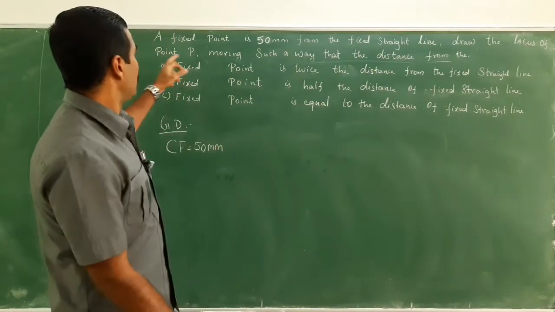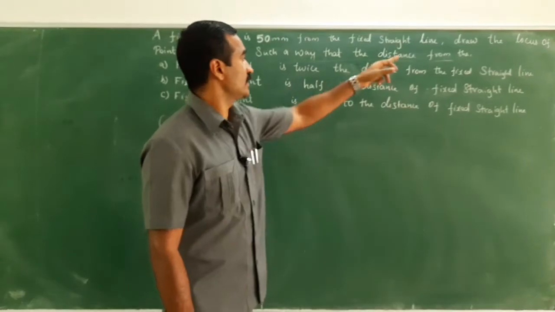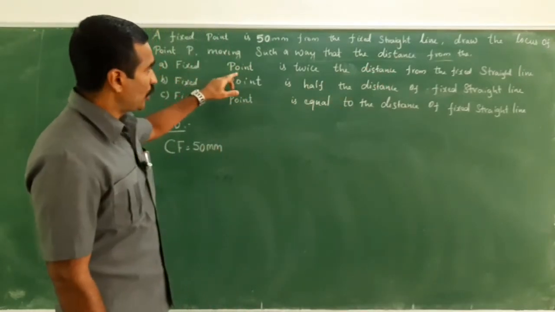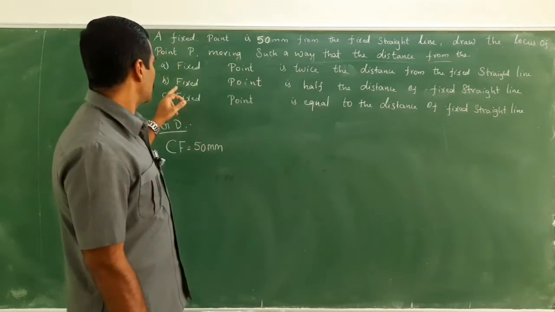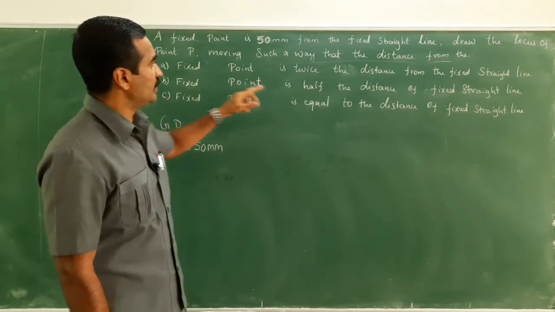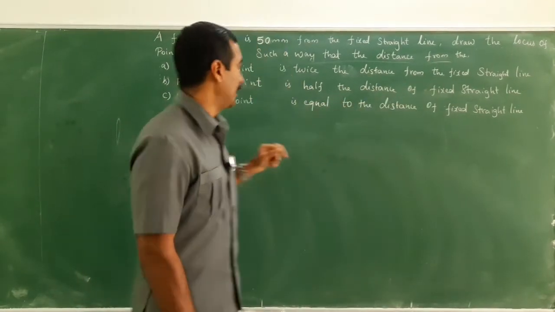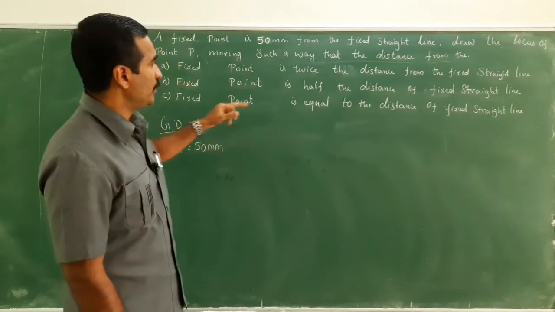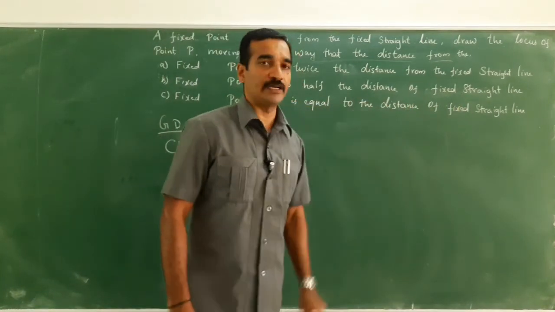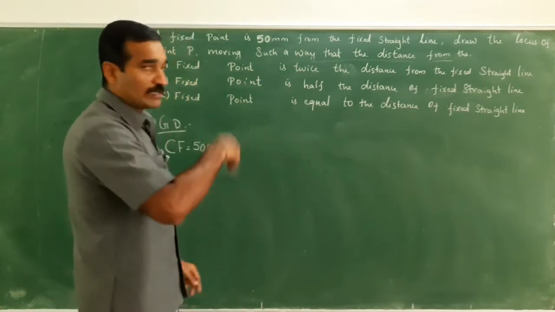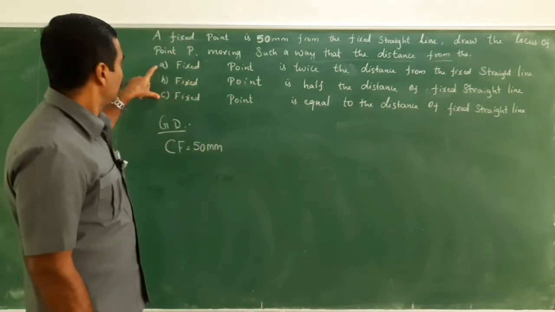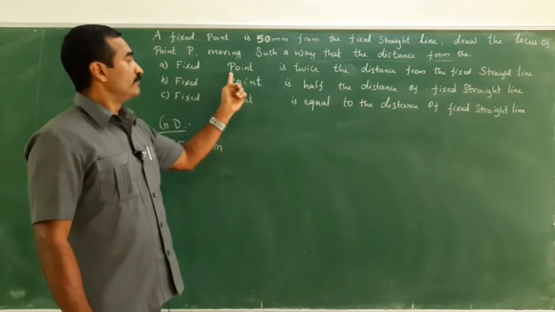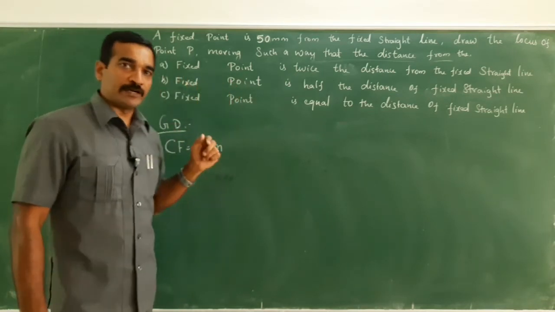Draw the locus of the point moving such a way that the distance from the fixed point is twice the distance from the fixed straight line. Next sub question, fixed point is half the distance of the fixed straight line. Next one, fixed point is equal to the distance of fixed straight line. In the previous question, 3 subdivisions were there where the wording was totally different.